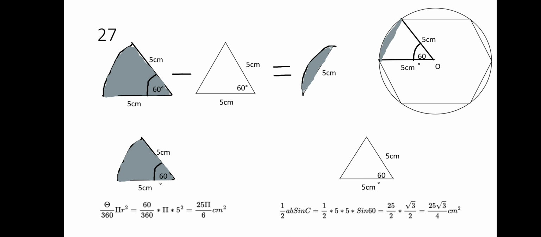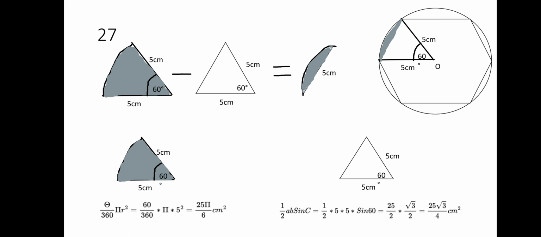The grey shape is the sector of a circle of angle 60 degrees, and the second shape is an equilateral triangle, because the angle is 60 degrees and both the radii are 5 centimeters. So if you do the grey sector minus the white equilateral triangle, then you're left with the grey shaded area.